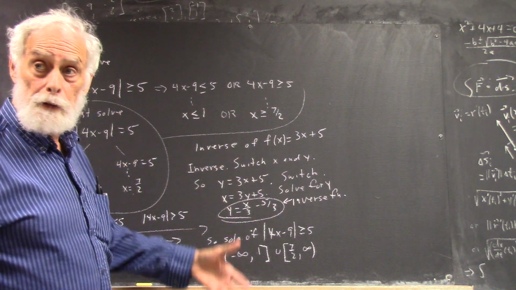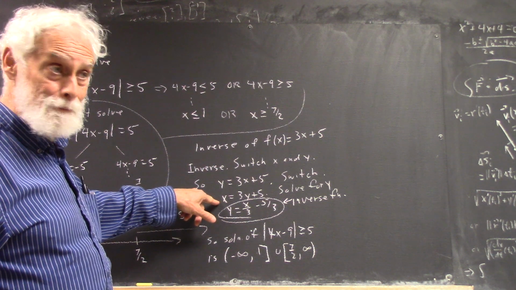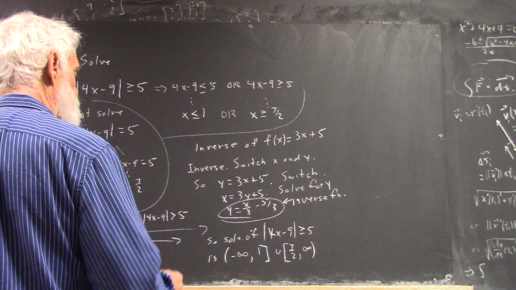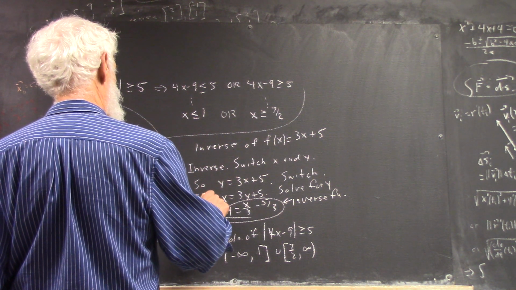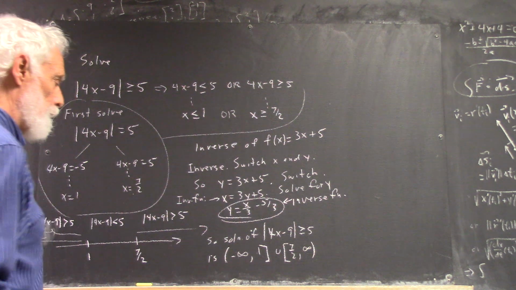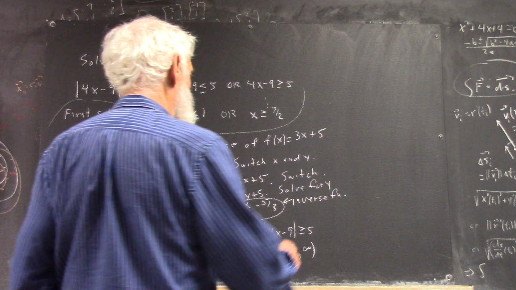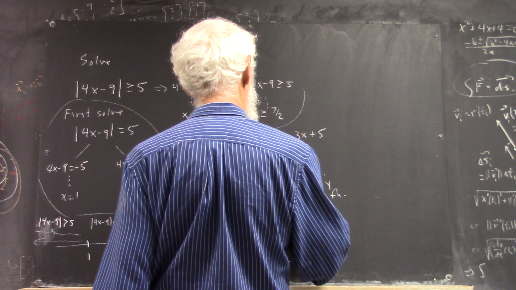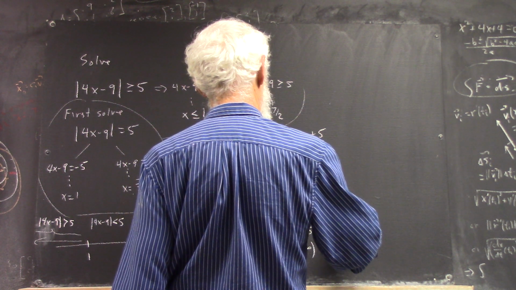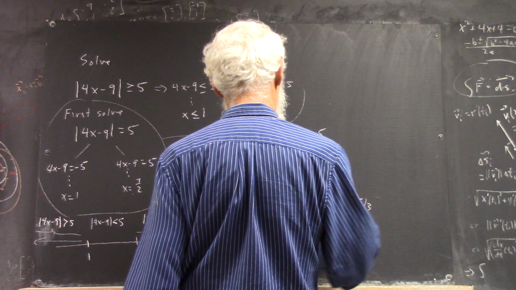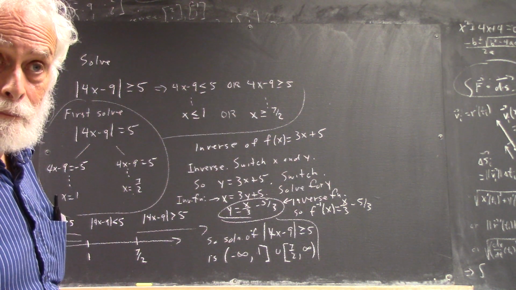You replace x with y, you replace y with x. Get this, okay? Here's your inverse function. You want to find out what y is, and right there it is. And we could write f inverse of x equals 5/3. Okay?